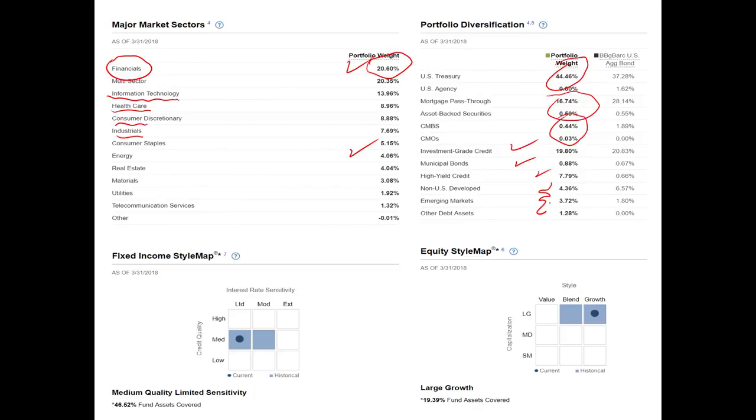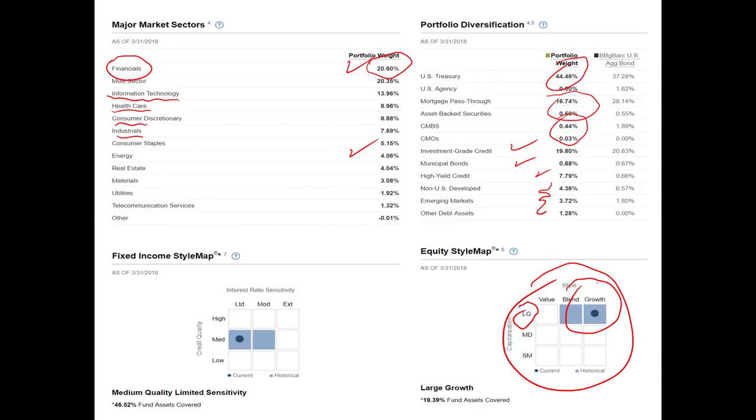And remember this, we own both bonds and stocks. So what types of stocks do we own? Well, in general, in what is called a style grid, they are large companies that we own, and they tend to be high growth.